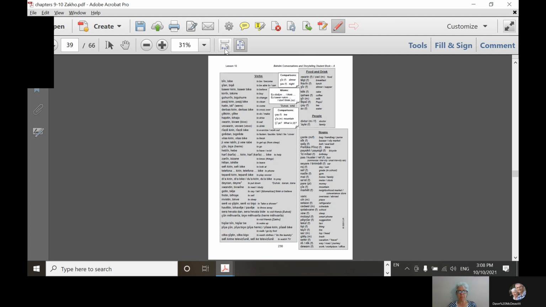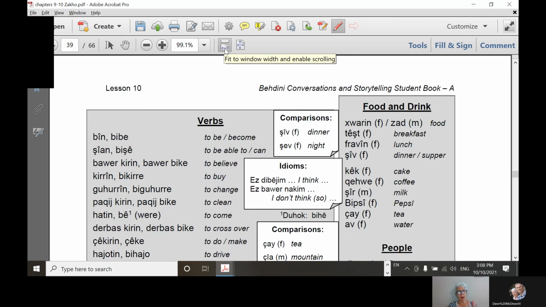Now in these present tenses, except for a few irregular ones, it doesn't matter if it's transitive or intransitive. So that was very important in lesson 8 and lesson 9 when we were conjugating past tense verbs and passive.